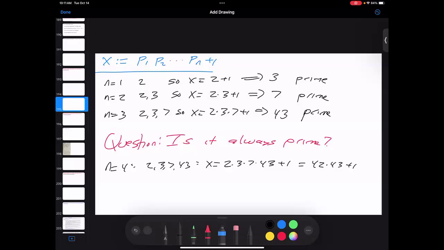How many people think it's not going to be prime? What do you get? It's 1807. And is 1807 prime?